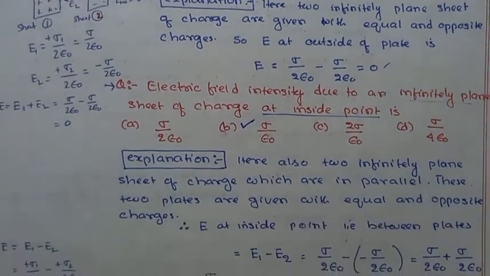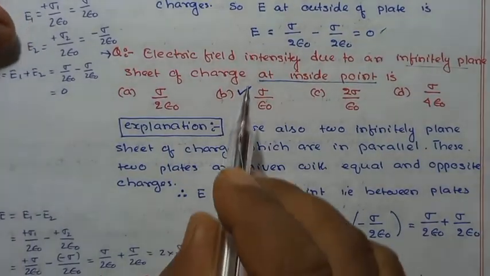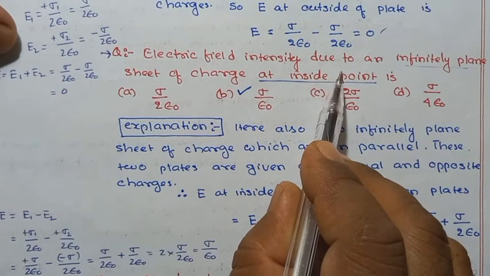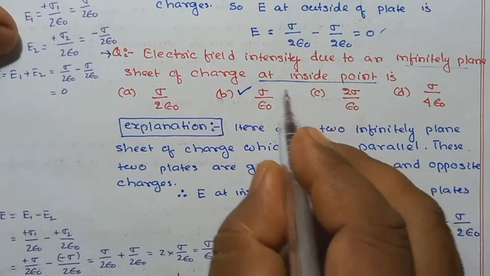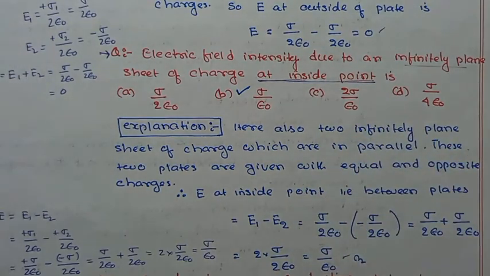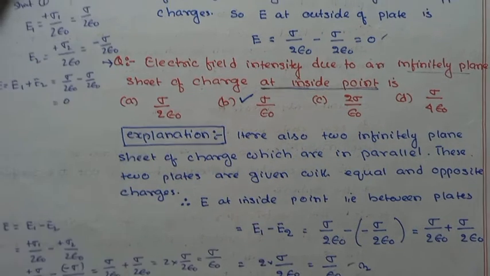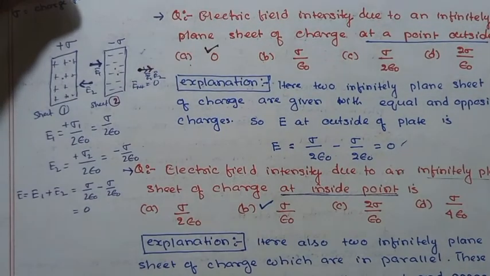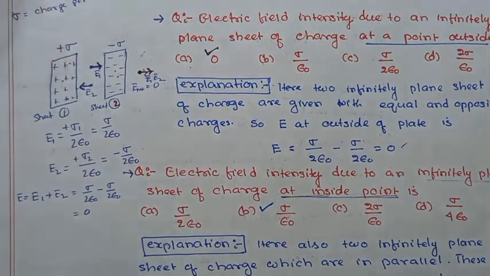ठीक है. Next question is electric field intensity due to infinitely plane sheet of charge at inside point. Here now question is at inside point. And for this inside point, again two infinite plane sheets of charge and it should be parallel to each other. ठीक है. So we'll consider now first both sheets are given positive charge.